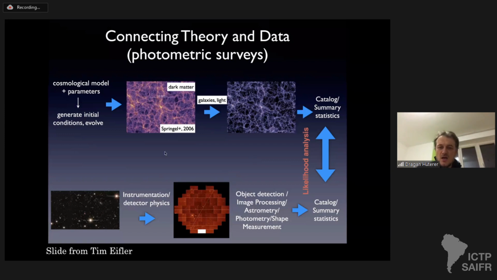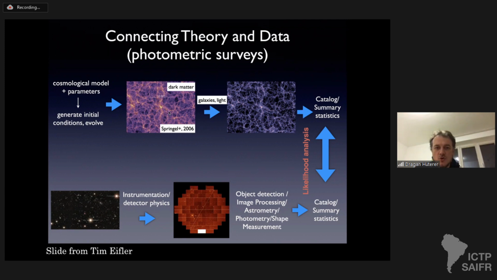And here's a nice picture of how you have the photons from the sky, and you also have some theory. Where do they meet? You can write down the power spectrum like we did and code it up in Python. But a more general, arguably more powerful way is to run an n-body simulation.